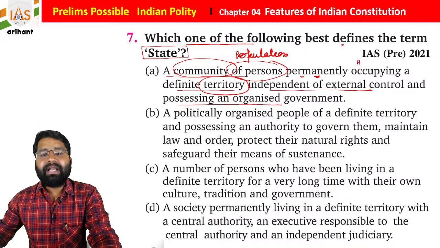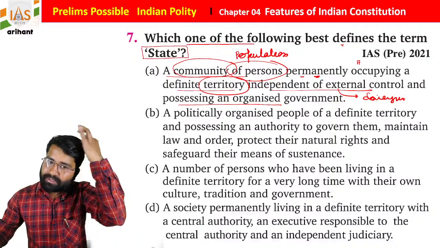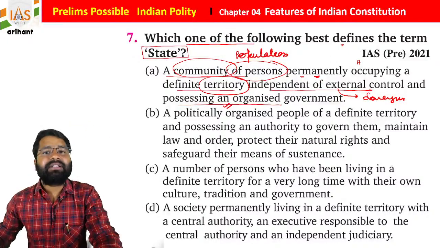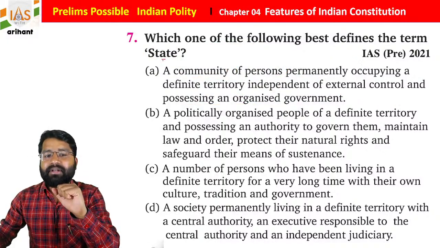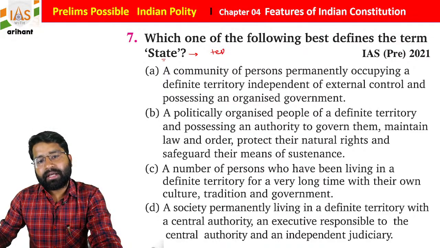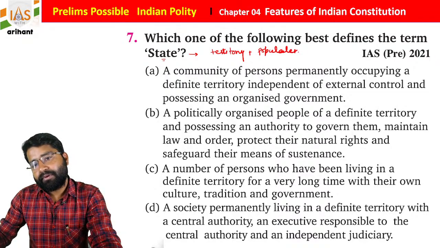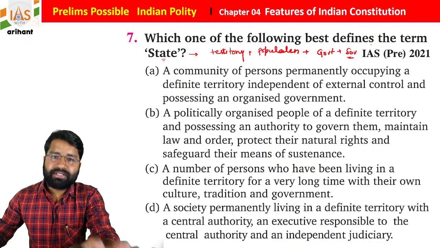And independent of external control means sovereign. As well as possessing an organized government. So these are all four features we require for a state. We already know we require a territory, a population, a government, as well as sovereignty. So these are four features.